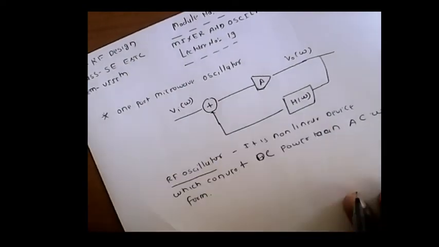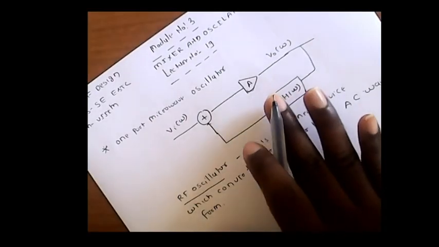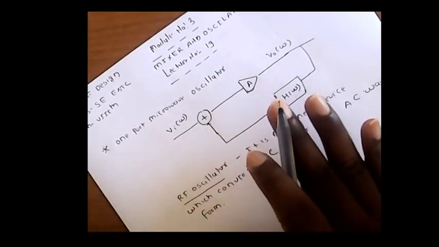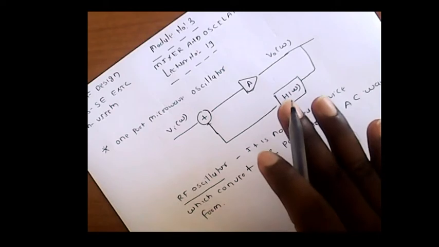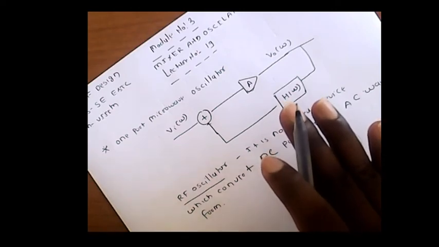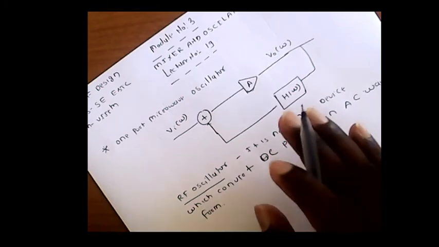This voltage passes through the feedback network with frequency dependent transfer function H omega, giving the input voltage. This is the block diagram of a sinusoidal oscillator using an amplifier with a frequency dependent feedback, and here positive feedback is used.